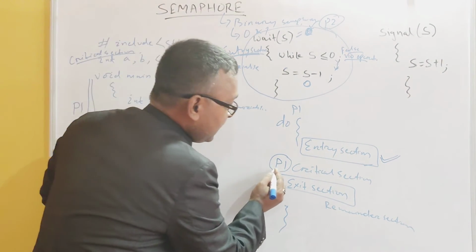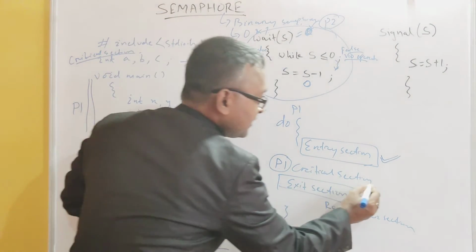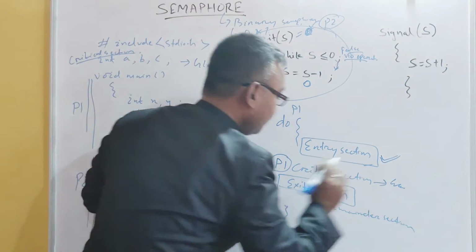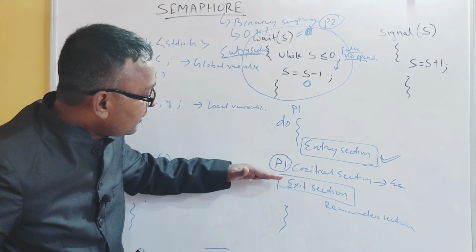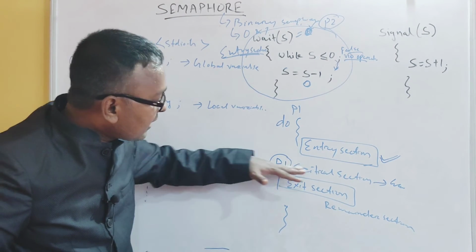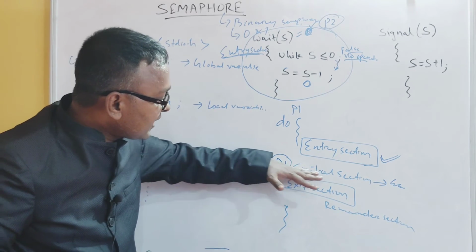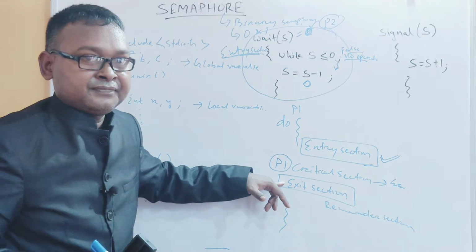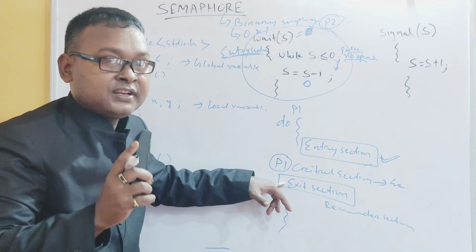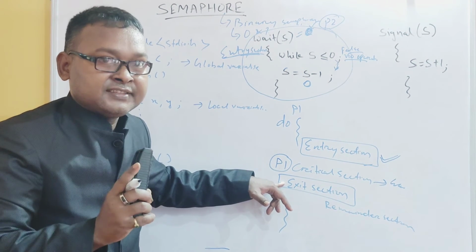So P1 will be executing the critical section, that means accessing the global variable. Then after accessing the critical section, it will execute the exit section. See, here the mutual exclusion is properly achieved.